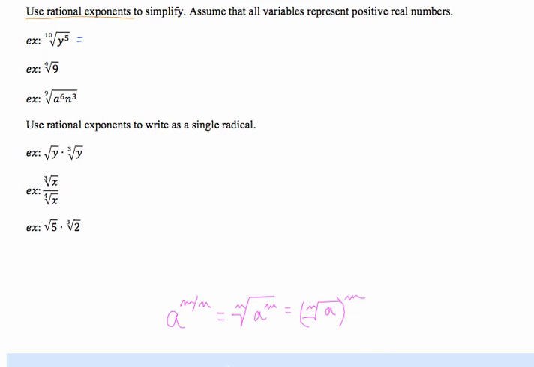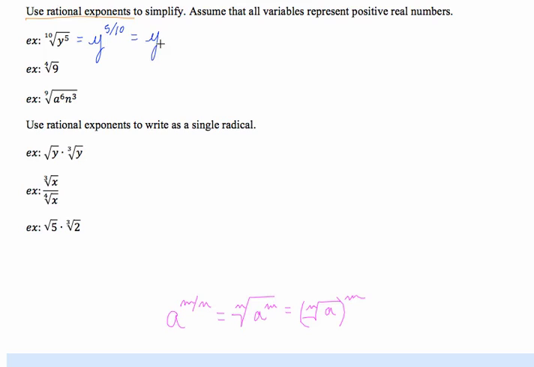So we have something of this middle form here, nth root of a to the m. So that power, the m, the power on the a, becomes the numerator of the fraction, and the index becomes the denominator of the fraction. So this is the same as y to the 5 over 10 power.